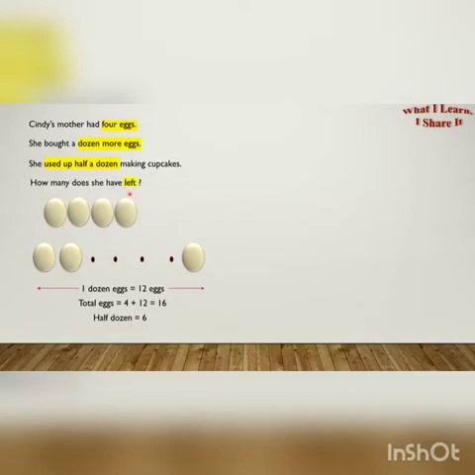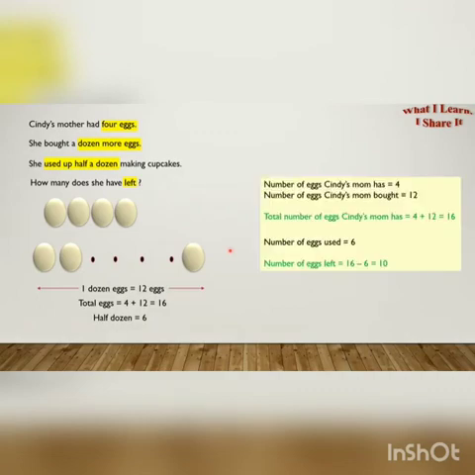Now it is easy. Out of the total number of eggs, we can subtract the number of eggs used to get how many are left. Number of eggs Cindy's mom has is 4. Number of eggs Cindy's mom bought is 12.